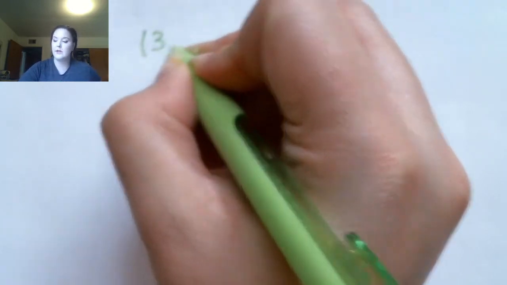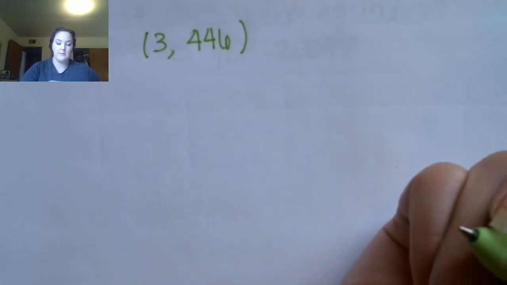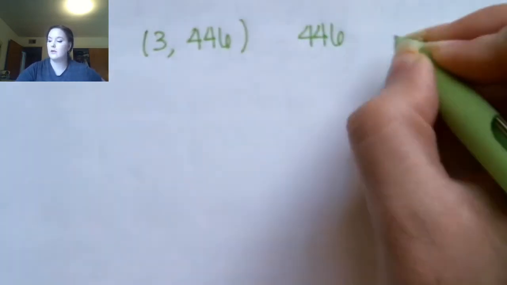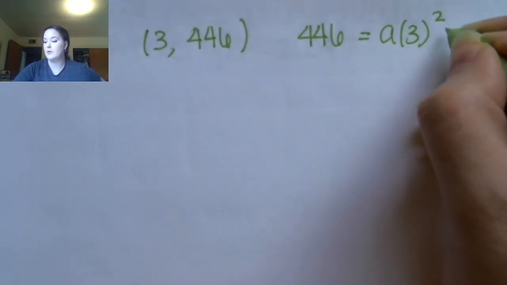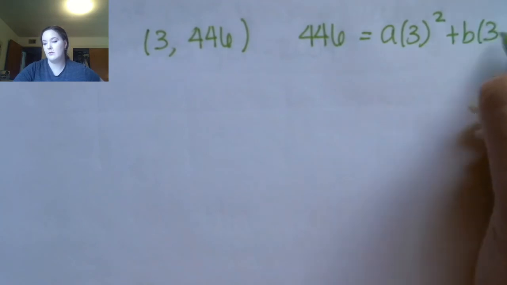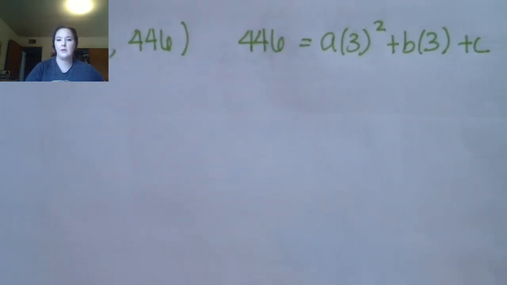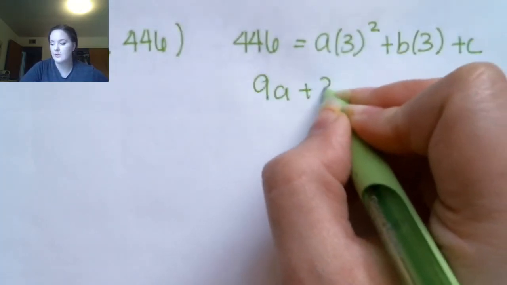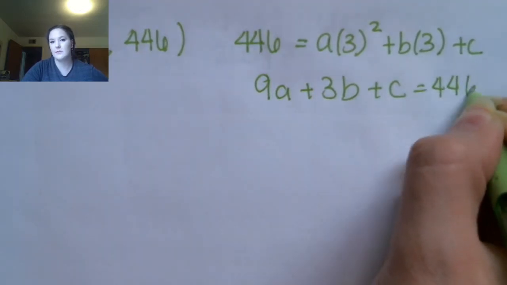Okay, so my last point was (3, 446). Okay, so I would have 446 equals a times 3 squared plus b times 3, plus c. Okay, and I can rewrite this as 9a plus 3b plus c equals 446.